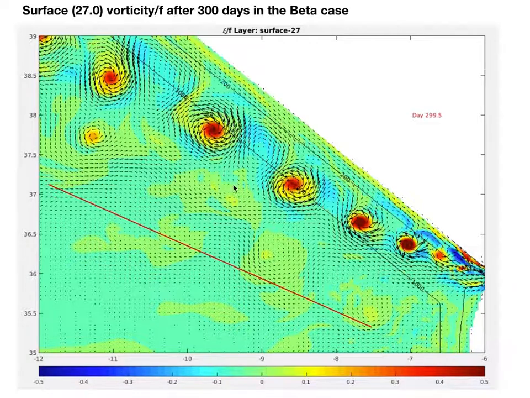And so you have the red line, and we can see the meandering and the development of this offshore structure already in this synoptic shot. So you can have a look at the animations in the videos, but we can see it here.